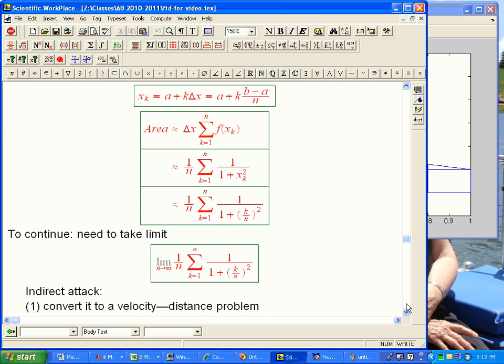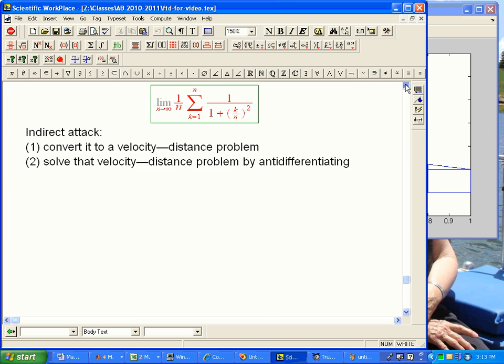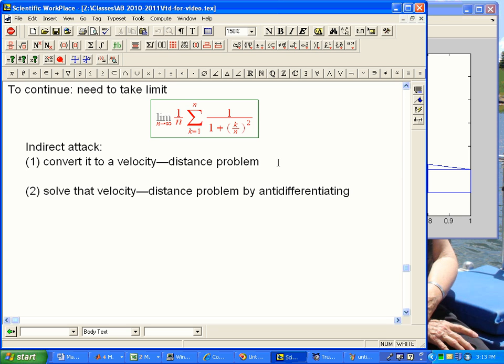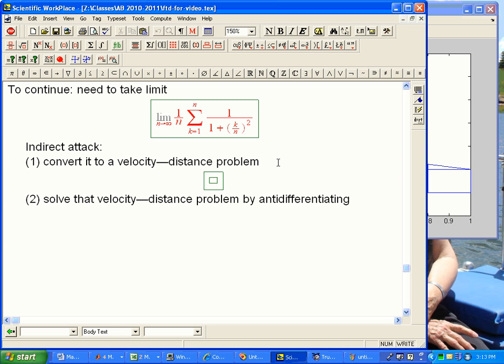Okay, so the translation here in step 1 is that y equals f of x gets turned into v equals f of t. Just changing letters, that doesn't do anything. And interpreting the vertical coordinate as a velocity and the horizontal coordinate as time.